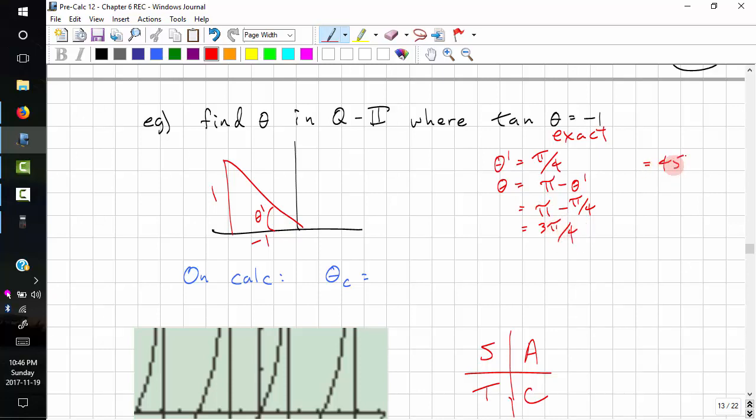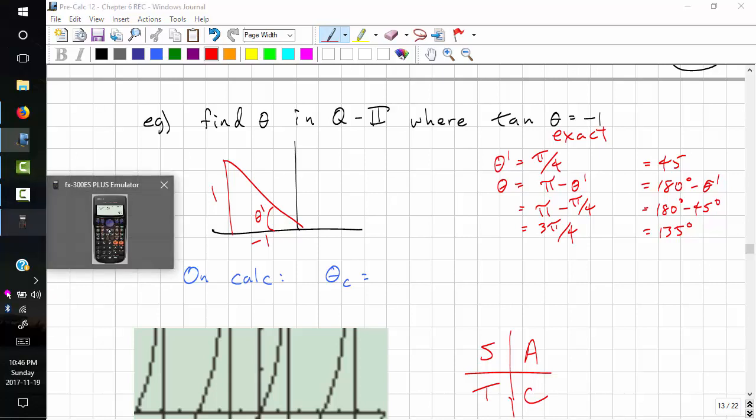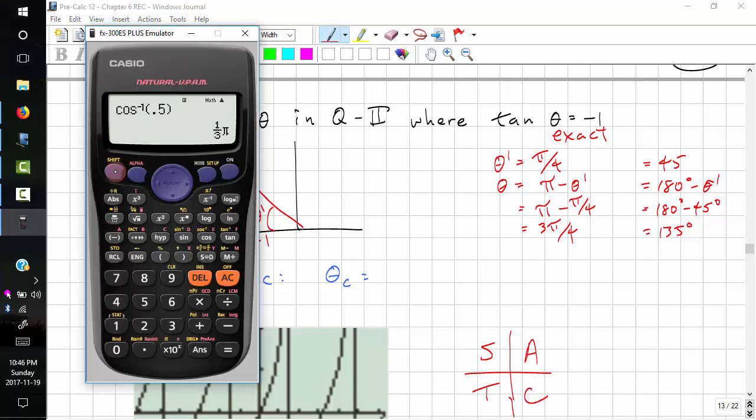This is 45 degrees. And in quadrant 2, it's 180 minus theta prime. 180 minus 45. We get 135 degrees. Looking at our calculator, if we do inverse tan of negative 1, again, this gives us negative pi over 4.